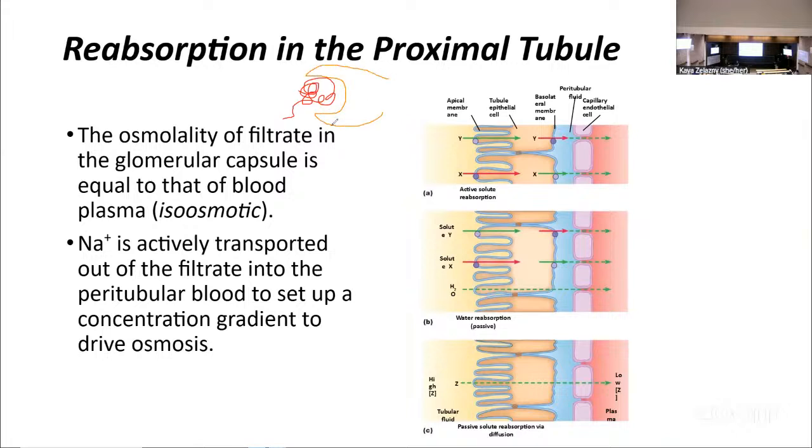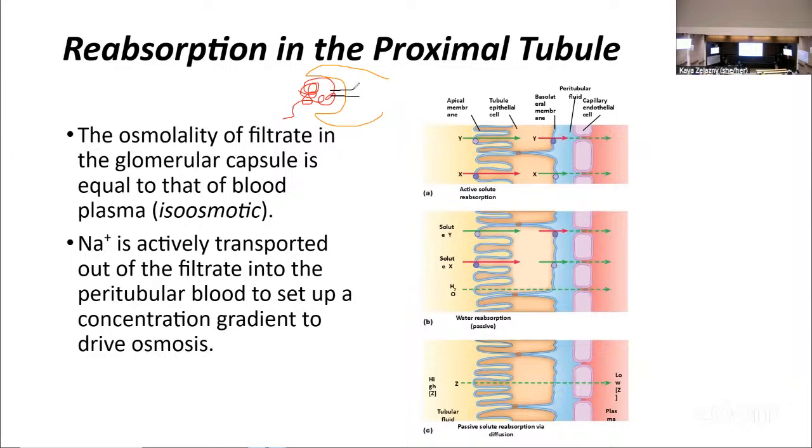So what we're saying is that at this first part of the nephron, the osmolarity of our blood plasma and the filtrate right here is equal, right? So we have the same concentration of everything right here, right? So that's our isoosmotic situation here in our glomerular capsule, okay? So we don't yet have an osmotic pull on water when we're right here, right?